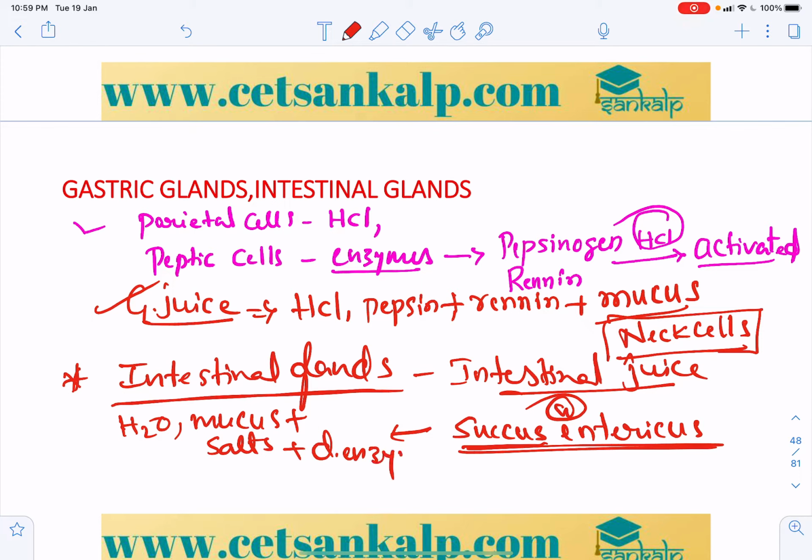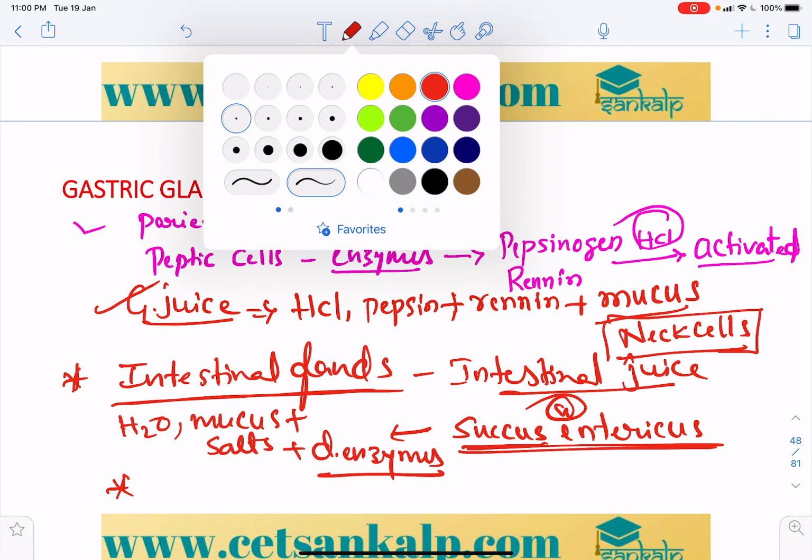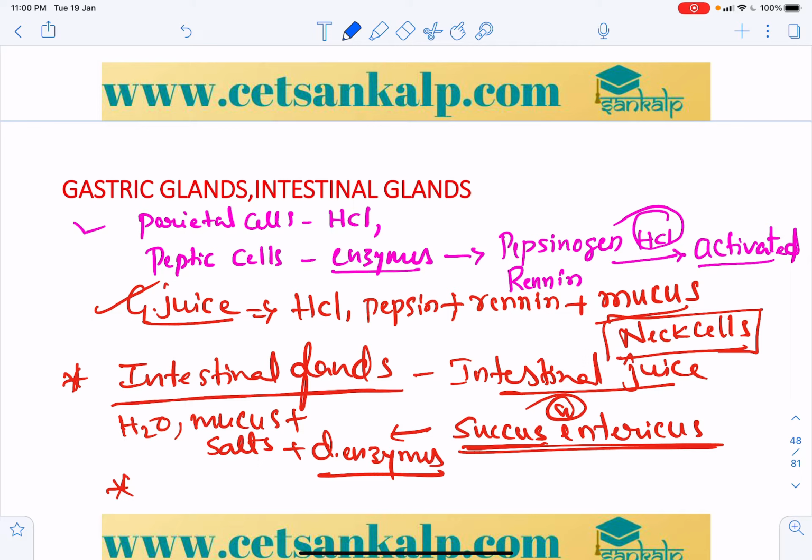Here the enzyme, which is a non-digestive enzyme produced by intestinal gland, as already mentioned, is enterokinase, which is also called enteropeptidase.